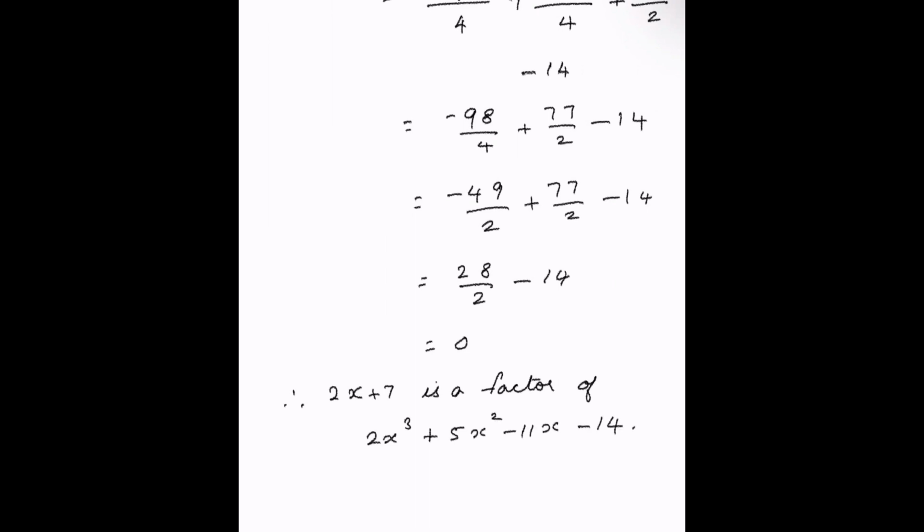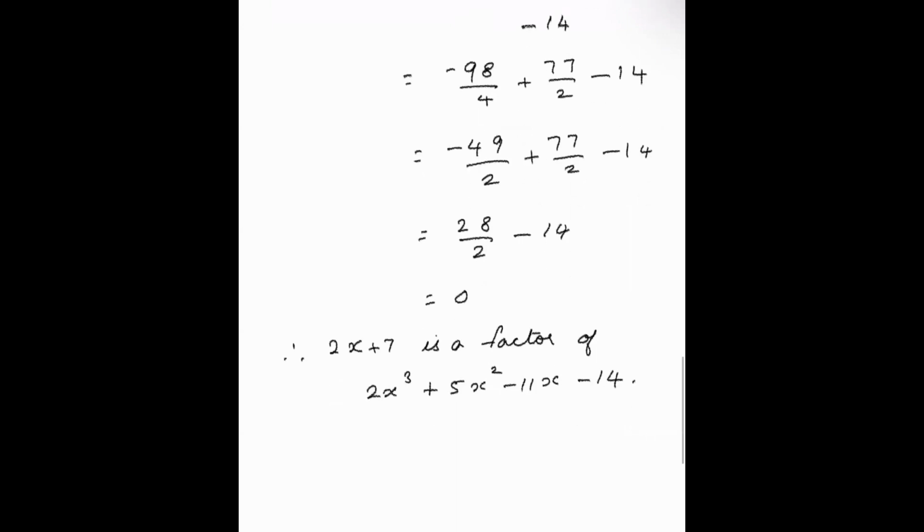Now you need to find out the remaining factors. See, it's a cubic equation. The given polynomial is a cubic polynomial. From the cubic polynomial, what you will do is you will divide by 2x plus 7. So when you divide by 2x plus 7 from a cubic polynomial, you will get a quadratic equation. That means power 2, degree 2.